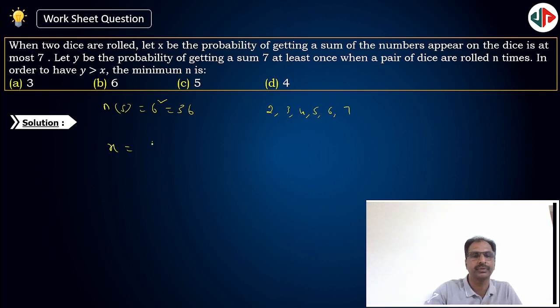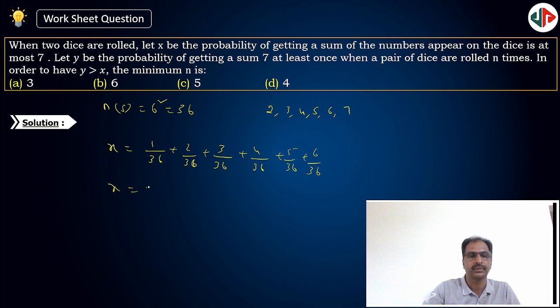Probability of getting sum 2 is 1 by 36. Sum 3, 2 by 36. Sum 4, 3 by 36. Sum 5, 4 by 36. Sum 6, 5 by 36. Sum 7 will be 6 by 36. If we simplify this, 21 by 36, which is 7 by 12. So this is the value of x.